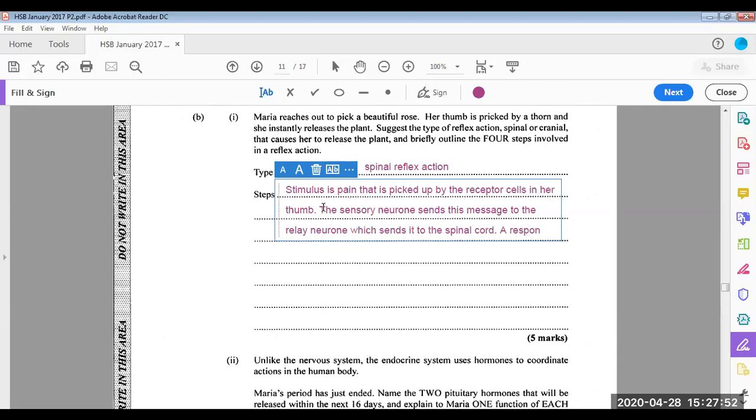A response message is then sent to the motor neuron, which is then transmitted to the effector.